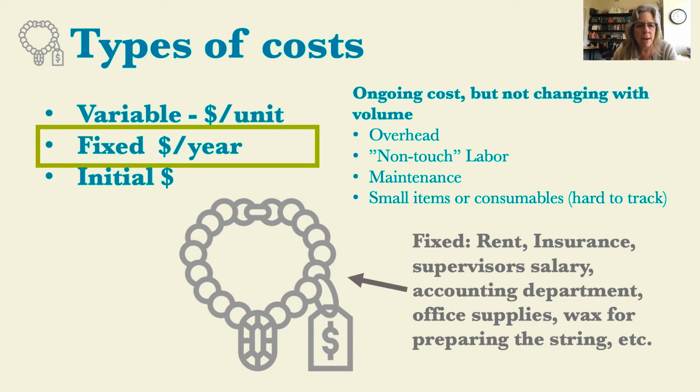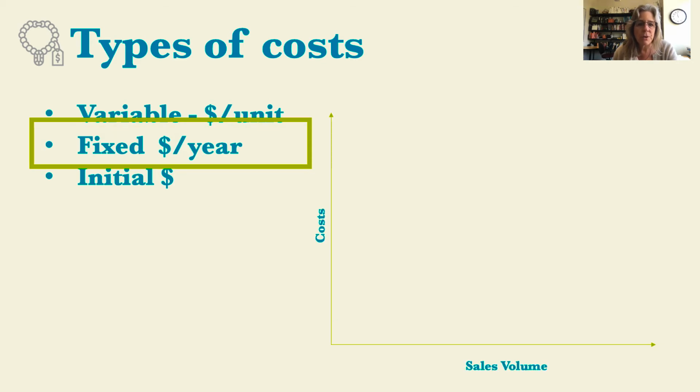That's an example of a consumable that's variable: the more you make, the more you have to use, but it's hard to track a particular amount of wax for each string, so we consider this a fixed cost. Again, in a graph with sales volume on the x-axis and cost on the y-axis, fixed costs are flat over a particular sales volume amount.